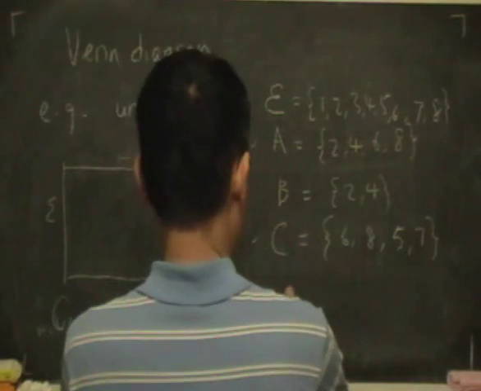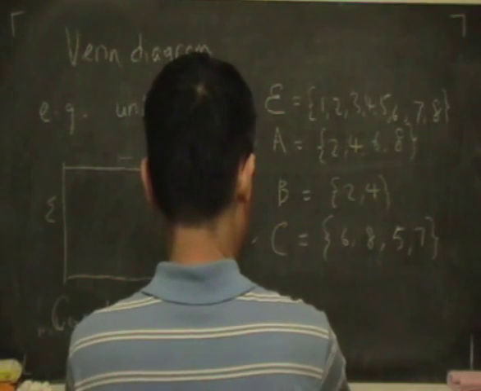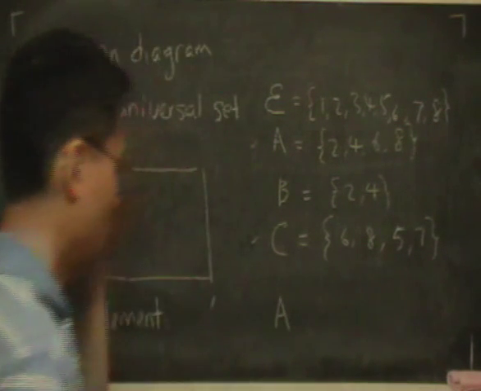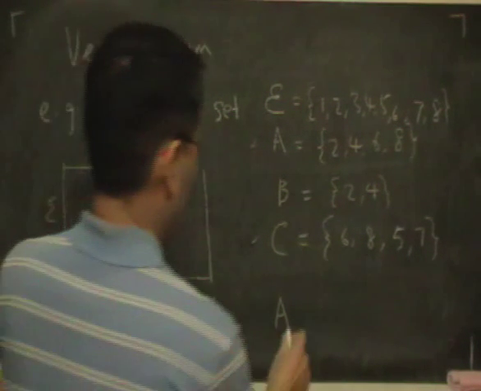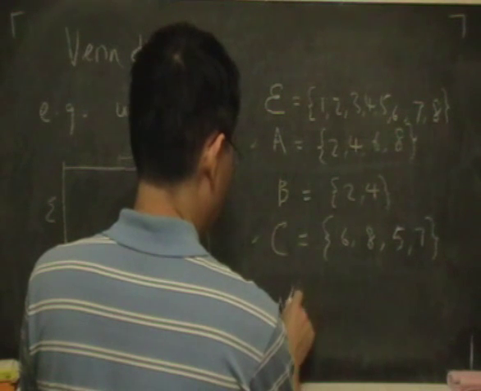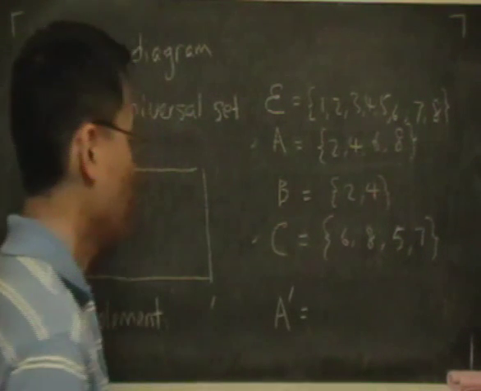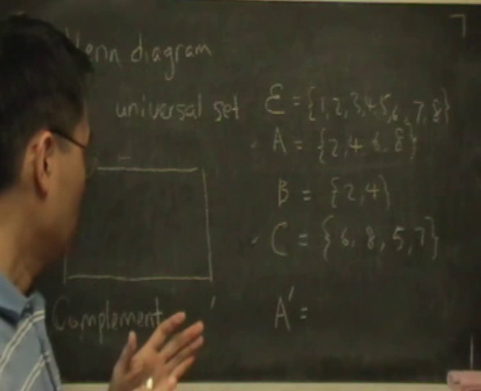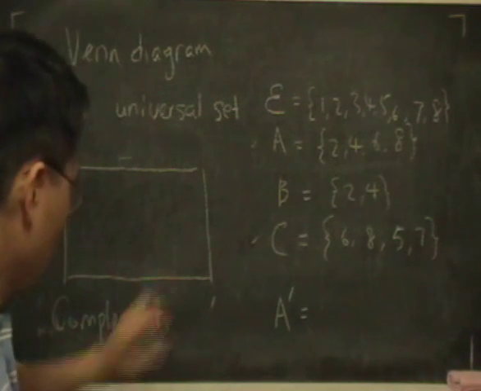Let's look at the element A. If I write down A apostrophe, it means A complement.